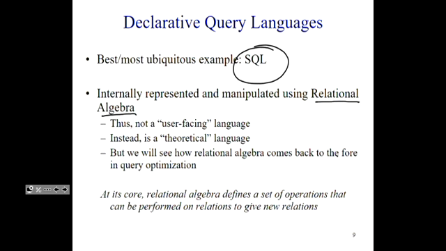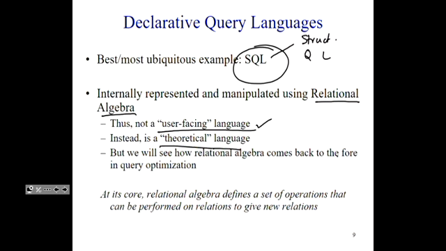This relational algebra is not a user-facing language, right? Unlike SQL, the structured query language, relational algebra is not a user-facing language. This is an internal language that allows database engines, so database processors, to figure out how to best execute database queries. So yes, it's not a user-facing language.